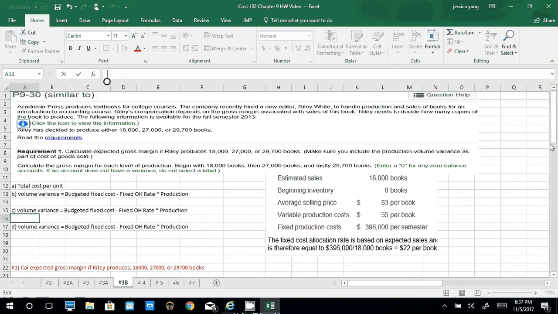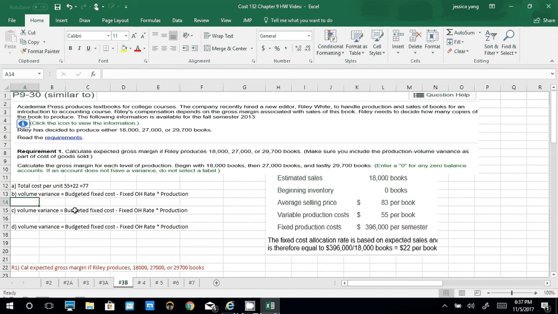To find total cost per unit, we take the $55 variable production cost plus the fixed allocated rate of $22 per book, which gives us $77.